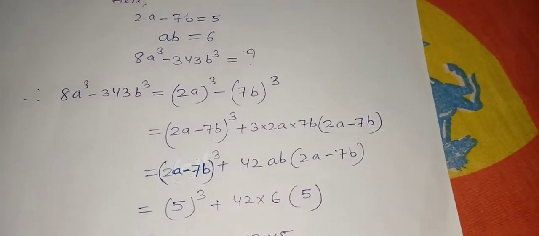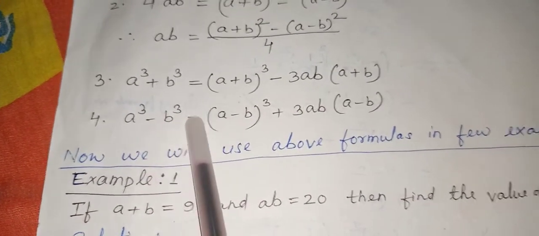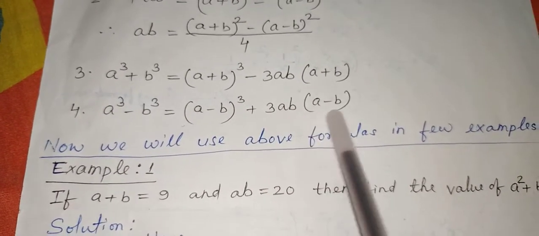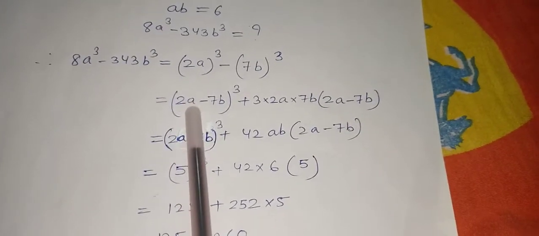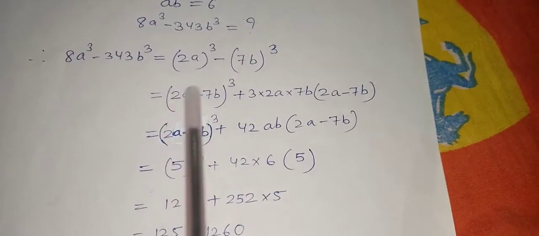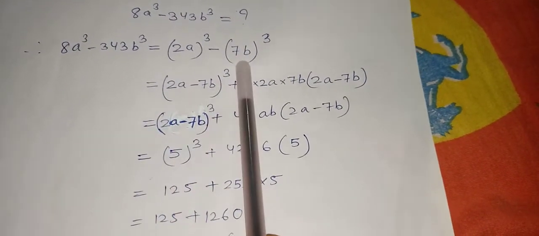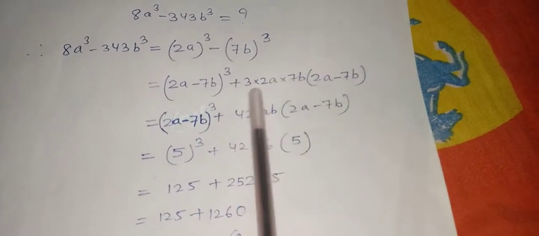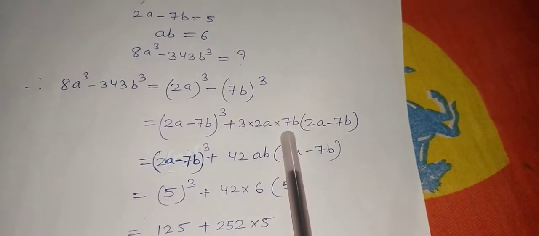And you all know children the formula of a cube minus b cube. In my last video I have given you a cube minus b cube equal to a minus b whole cube plus 3ab into a minus b. Same formula I am writing here, that is 2a minus 7b whole cube, that is a minus b whole cube, where a is 2a and b is 7b.